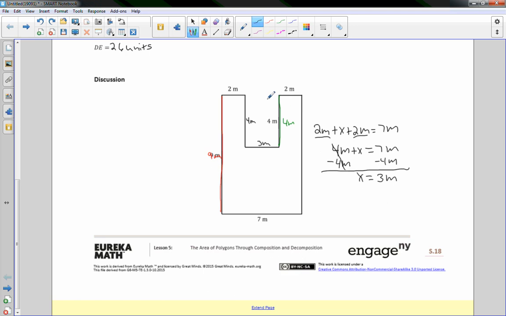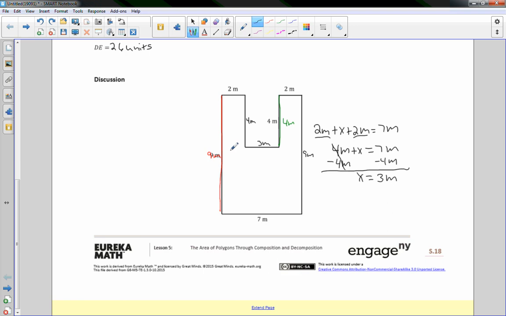Okay, so now if I move this, I know this is also 9, because that is the same length as over here. So this is 9 meters, 2 meters, 4 meters, 3 meters, 4 meters, 2 meters, 9 meters, and 7 meters.